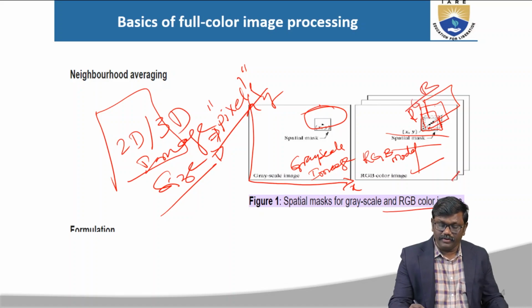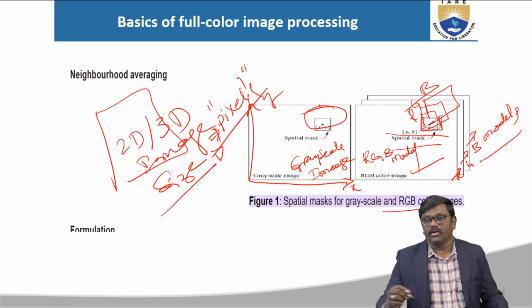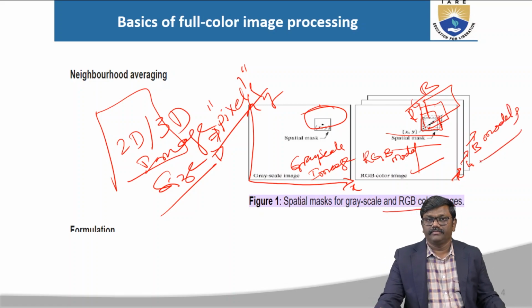So that is what is varying in the RGB models of the color.